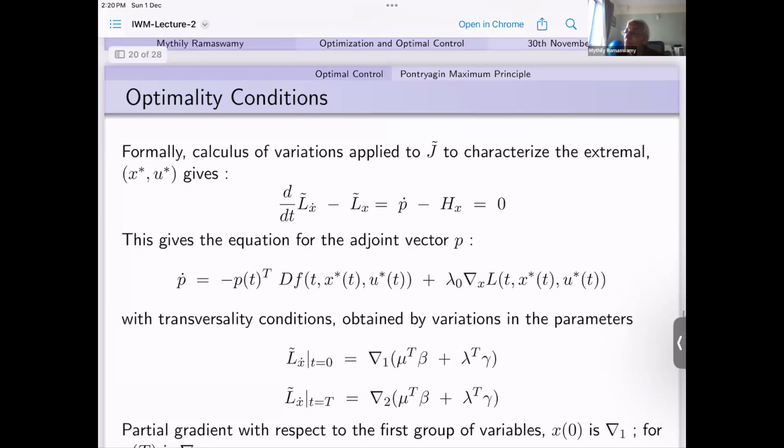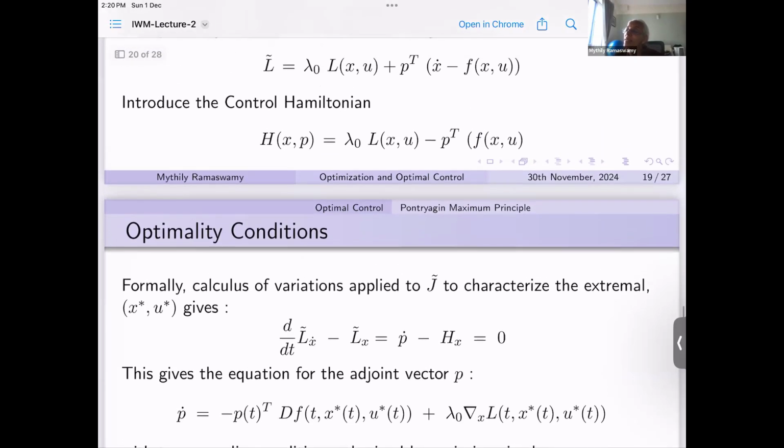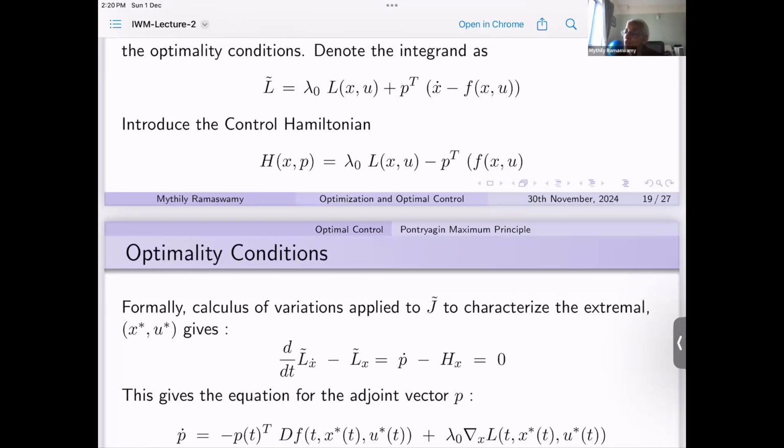Now if x dot is multiplied by P transpose, that will give me just P, and d by dt is also sitting there, so I will get P dot, the derivative of P with respect to t, minus L tilde differentiated with respect to x. That x occurs just in what I have written as H, so I can write it as H differentiated with respect to the variable x. So this must be 0.